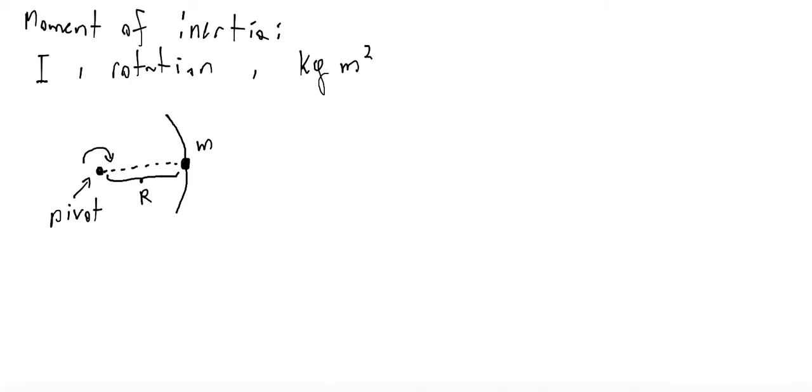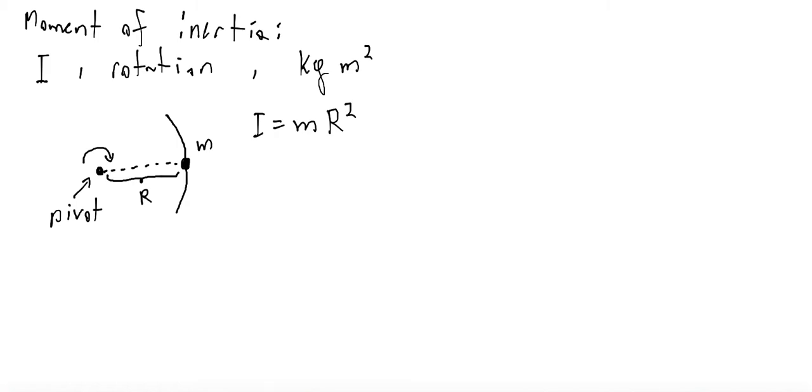So the moment of inertia of a single point mass, without diameter, without size, is given by the expression m times r to the power of 2. So moment of inertia is about the distribution of mass around the point of rotation, around the pivot.